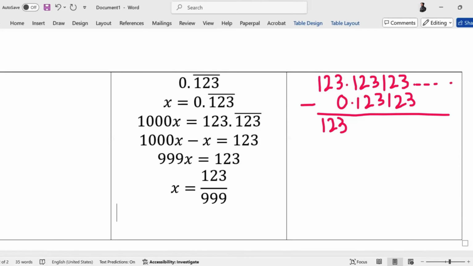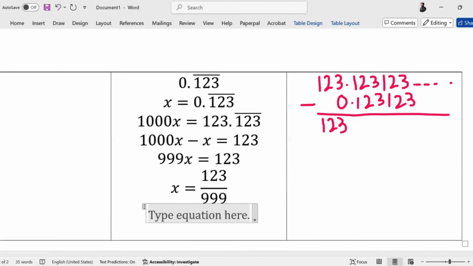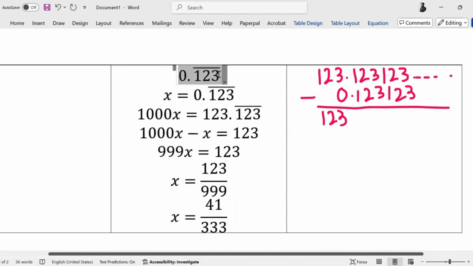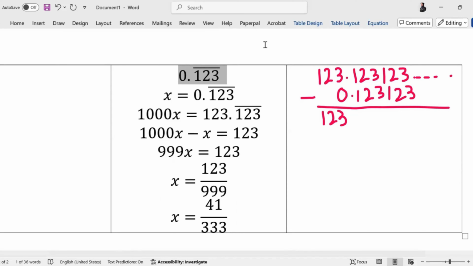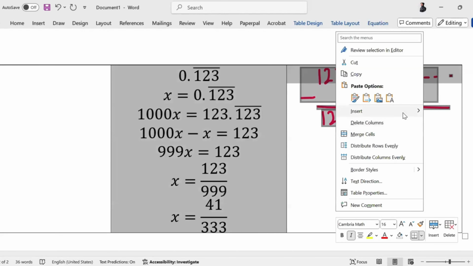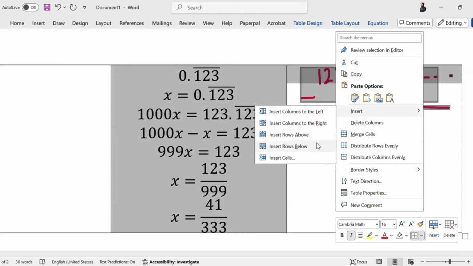Tell me what do you end up with? 41 upon 333. See, that is the fraction that you end up with. So this recurring decimal is basically 41 upon 333. Does this make sense now? Is this clear? Okay, I'm giving you a few questions now, and I'll expect you people to do it on your own.